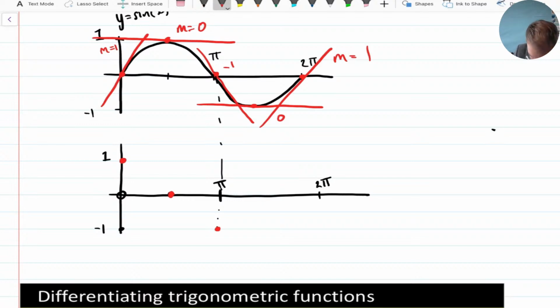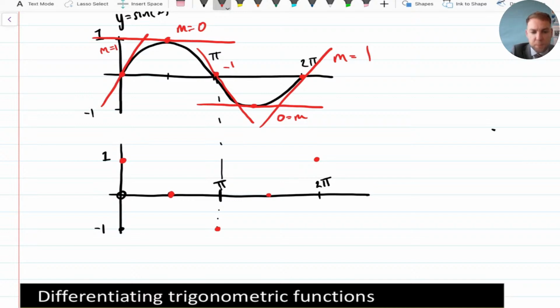The gradient at 4 pi over 3 is, well, at this point here, look, my gradient there is equal to 0 again, because it's a flat line there. So my gradient here is 0, and at 2 pi, we're going back to 1, which is there.